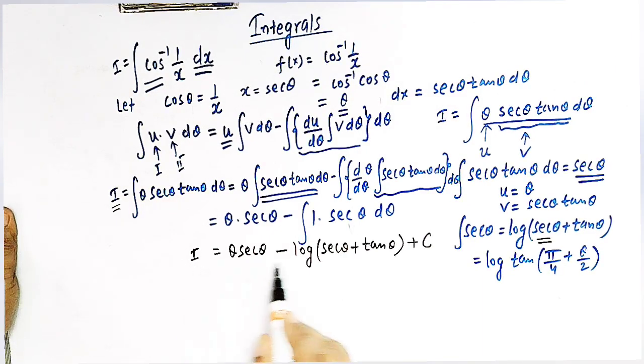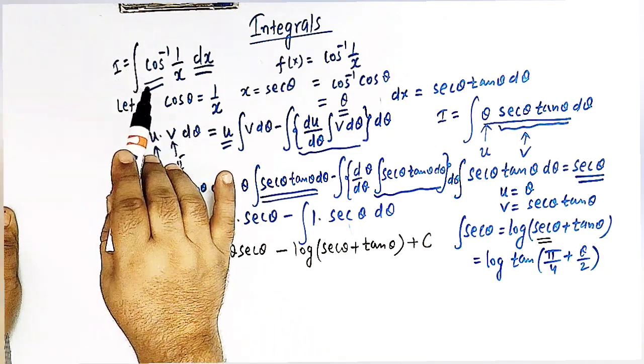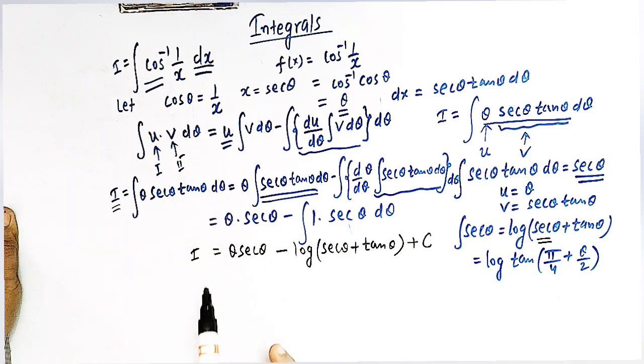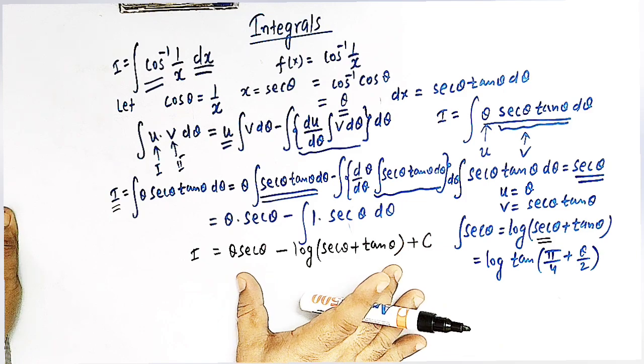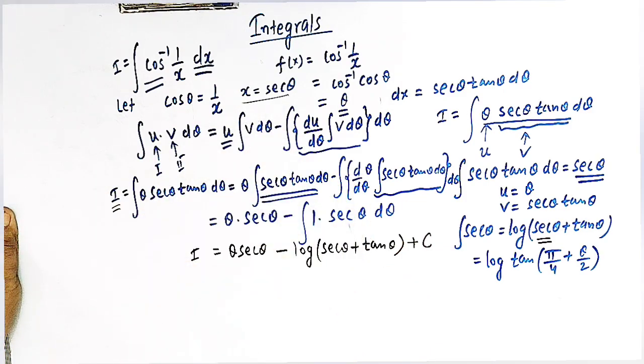Now this result is in terms of theta, but our original integral was in terms of x. So let us convert this result in terms of x by using this result.